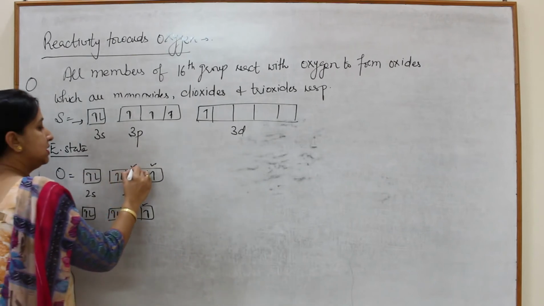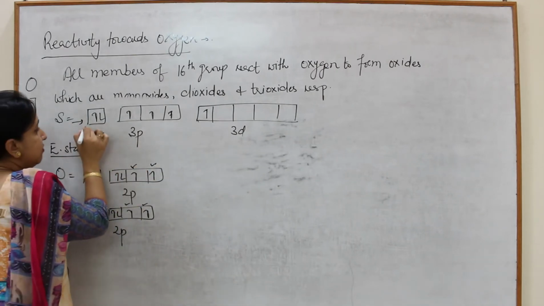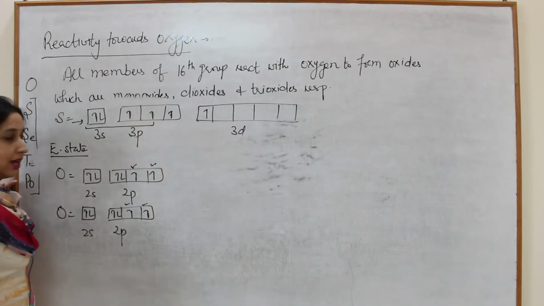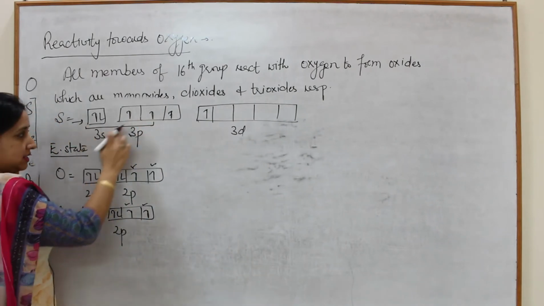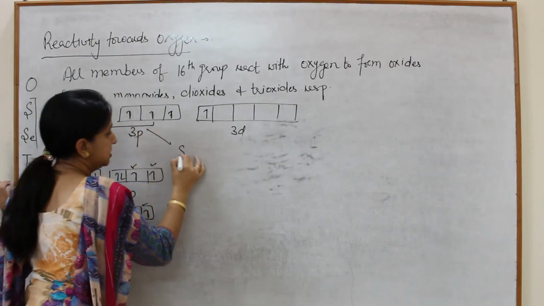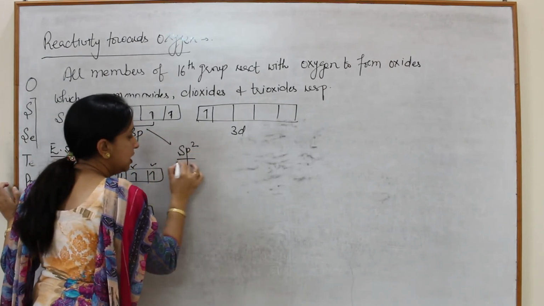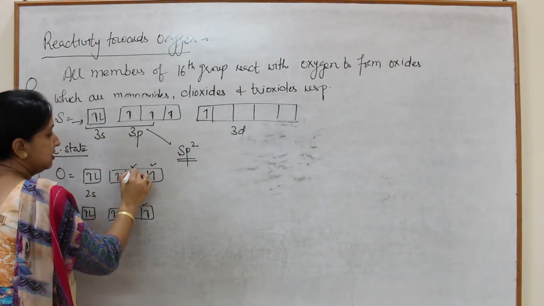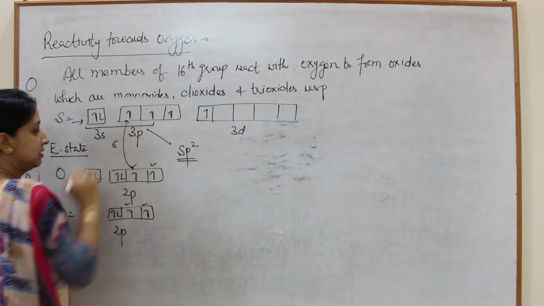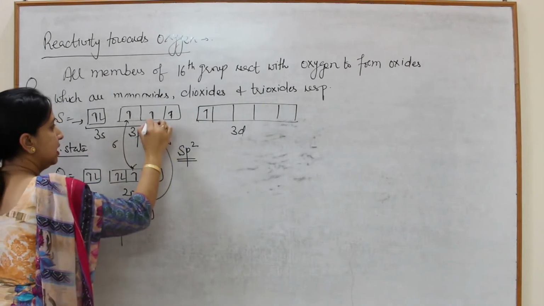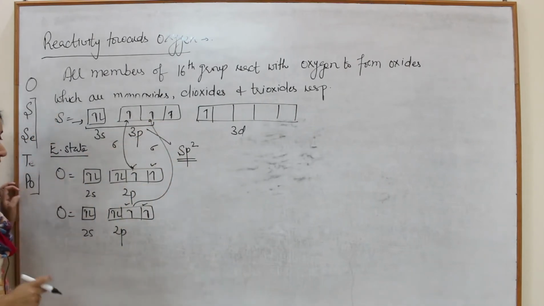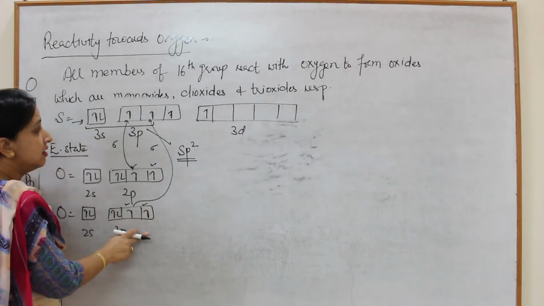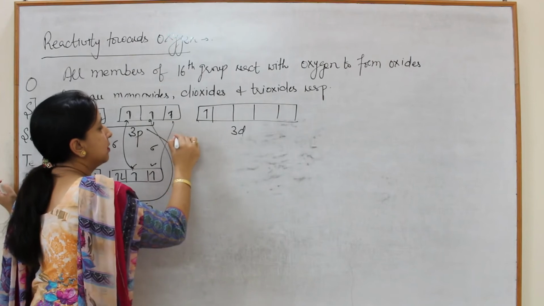So sulfur will undergo sp2 hybridization, 1s and 2p. So its state of hybridization will be sp2. So first oxygen will make a sigma bond, second oxygen will make a sigma bond. But the second electron of both oxygens will make a pi bond.